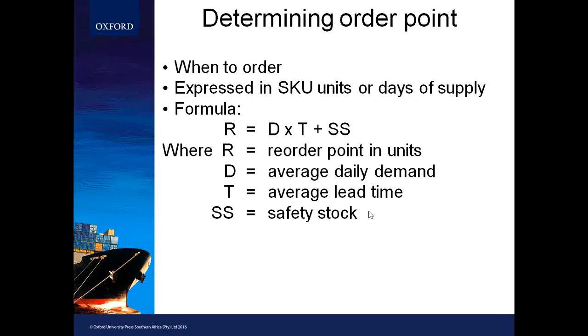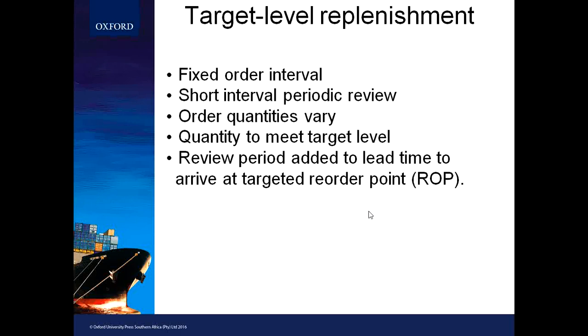Determining order quantity or order point also has its formula. I don't want to get into the detail of this formula. Please check it out in the textbook, because at this stage I cannot explain more on this formula. But target level replenishment is very important.